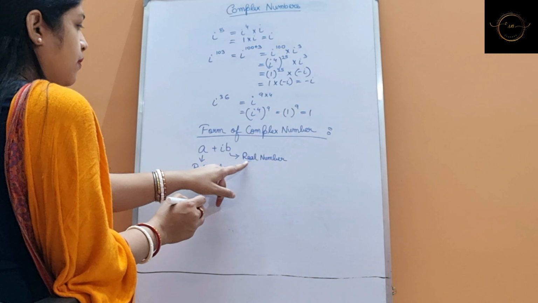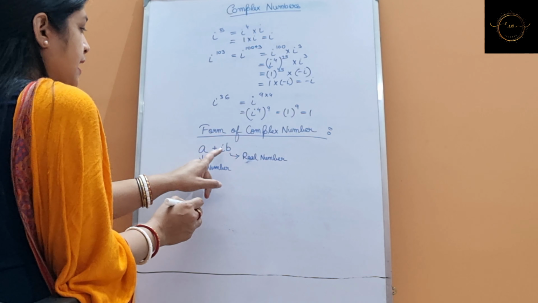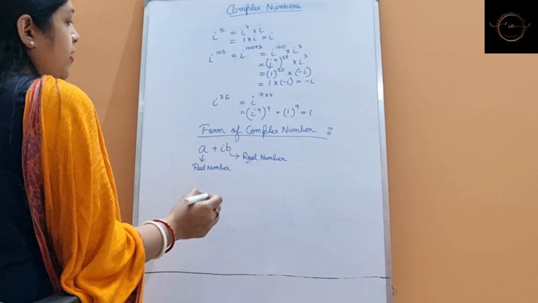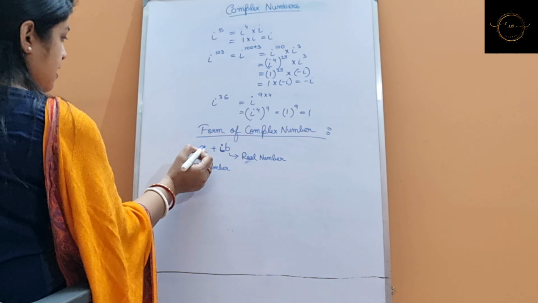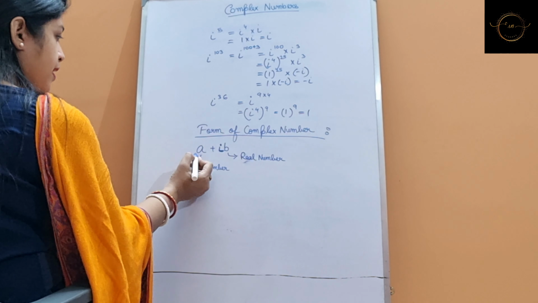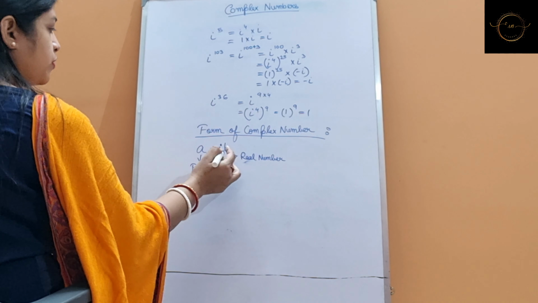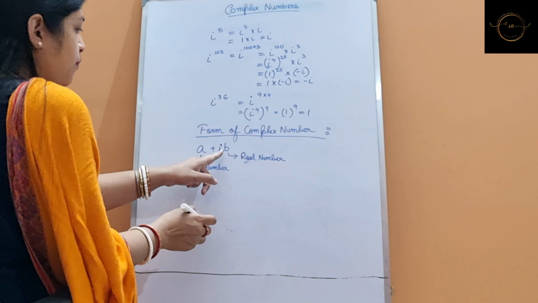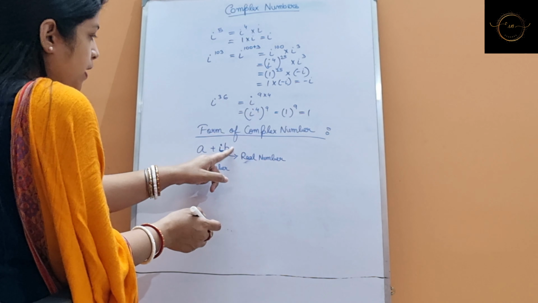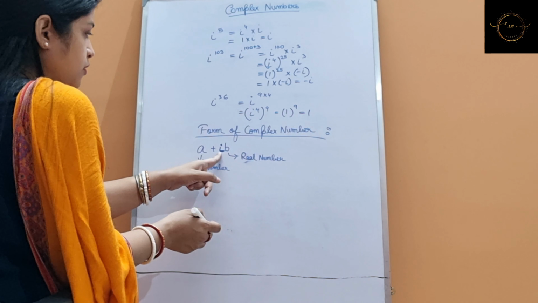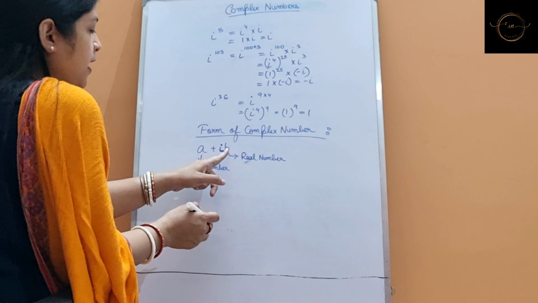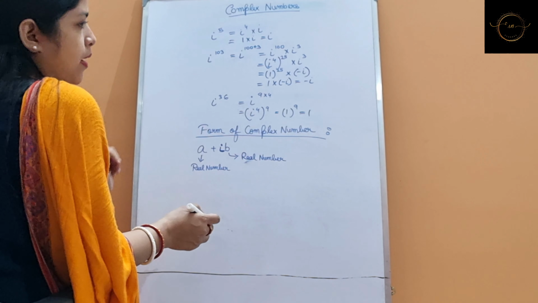Both are real numbers, but the second part is actually an imaginary number because i is written with b. This part is entirely a real number, and this part, if you take the product i into b, as i is an imaginary number which we have learnt previously, so ib is actually an imaginary number.